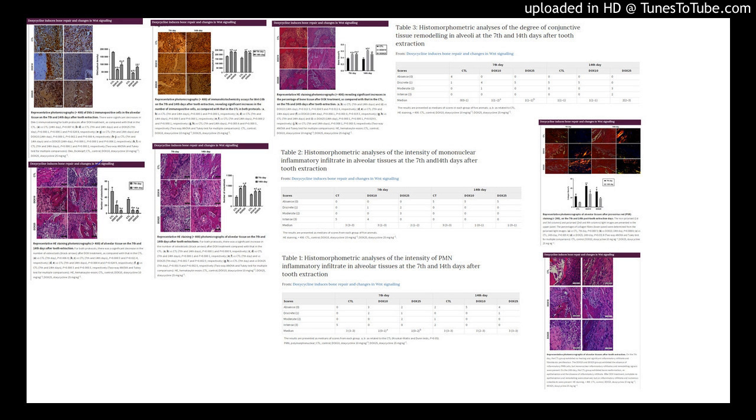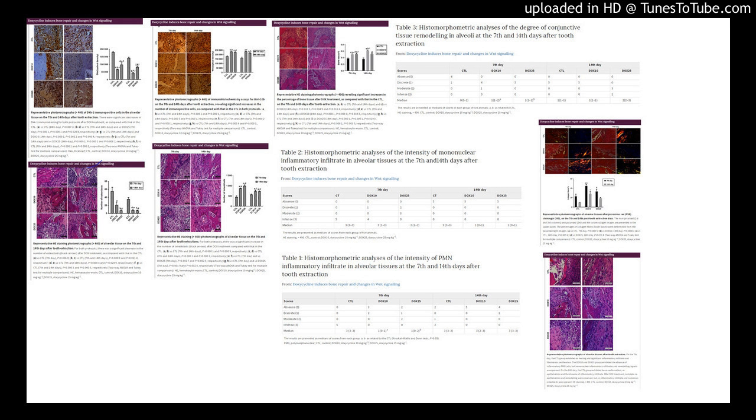Figure 4. Representative histaining photomicrographs, times 400, of alveolar tissue on the 7th and 14th days after tooth extraction. For both protocols, there was a significant decrease in the number of osteoclasts, black arrows, after DOX treatment, as compared with that in the CTL. A, versus CTL, 7th day, P=0.0060. B, C, versus CTL, 7th and 14th days, P=0.0003 and P=0.0214, respectively.